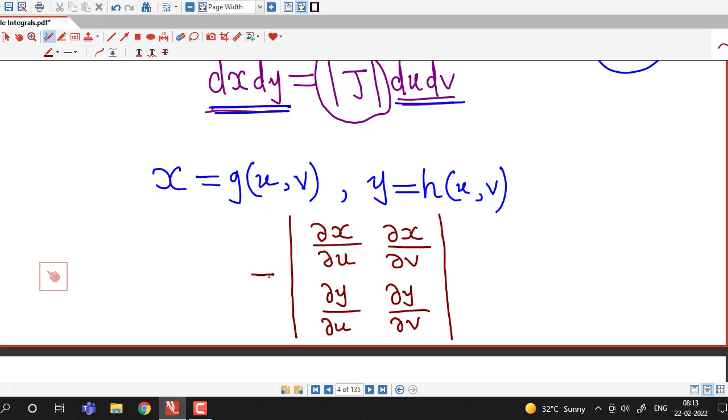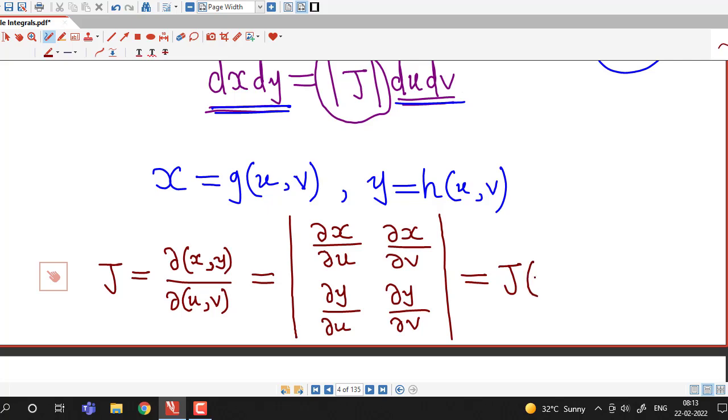This determinant is known as the Jacobian of x, y with respect to u and v. This is the notation for Jacobian. It is denoted by this notation also. Some books use this notation also, J in brackets u, v.